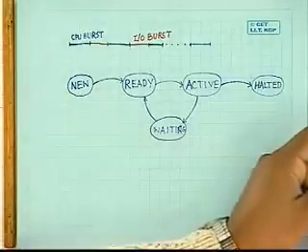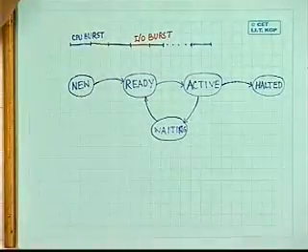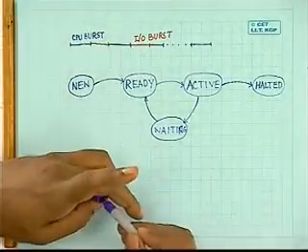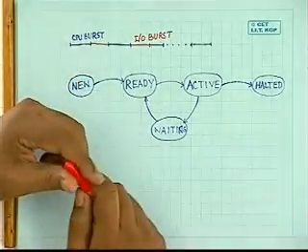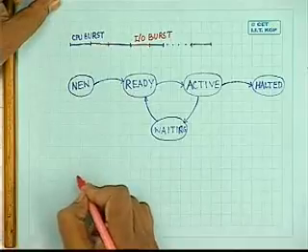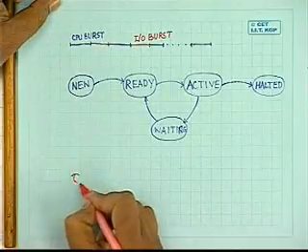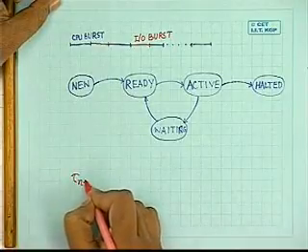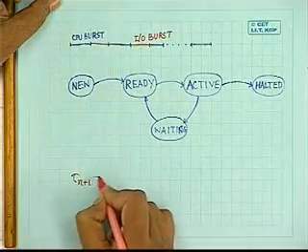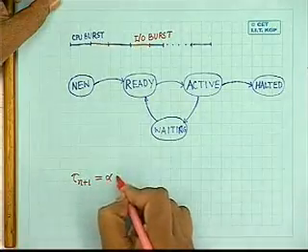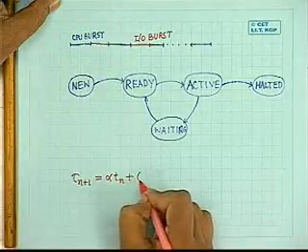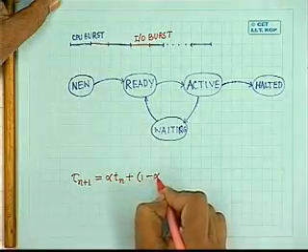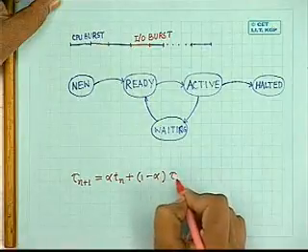And for that, you use a predictor, and the predictor is of this form for shortest job first: tau n plus 1 is equal to alpha times Tn plus 1 minus alpha times tau n.